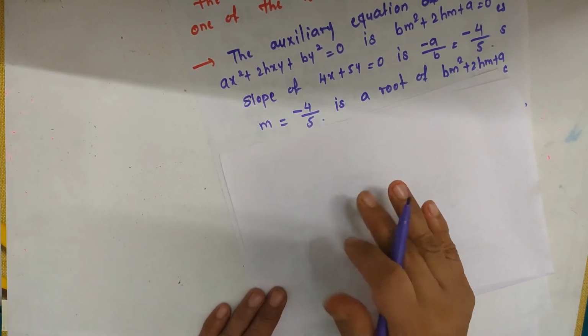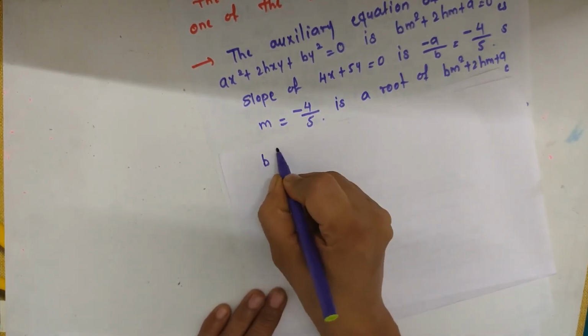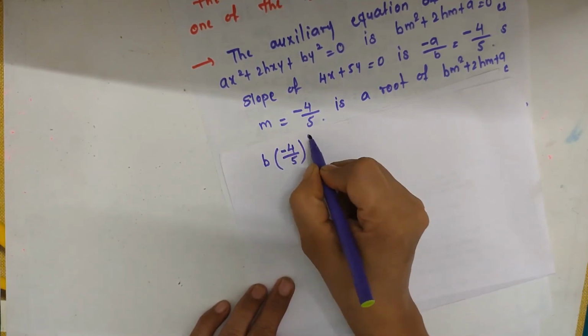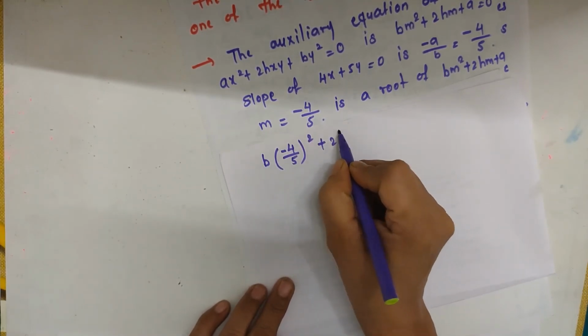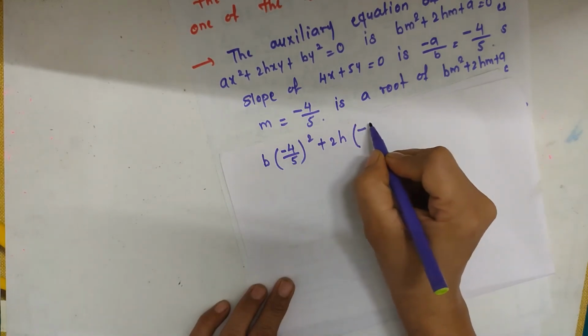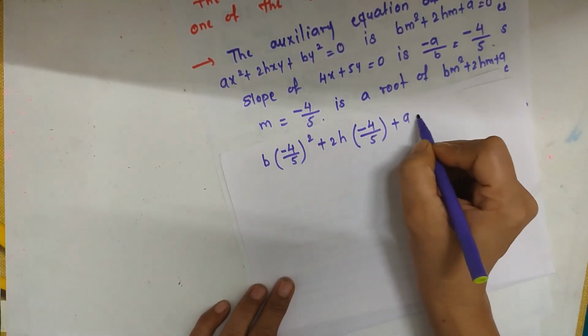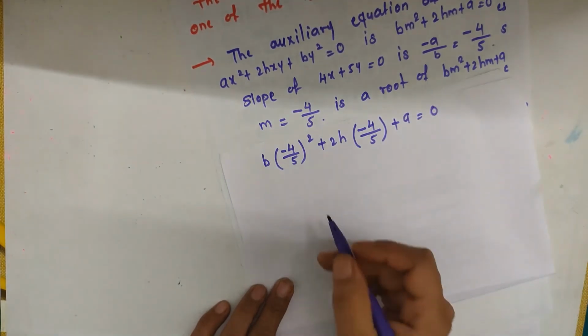So we can write b into (minus 4 by 5) whole square plus 2h into (minus 4 by 5) plus a is equal to 0.